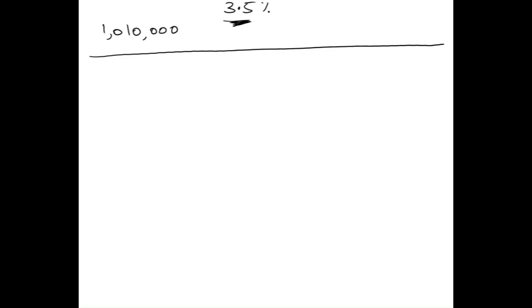So let's say a company wants to issue a $100,000 bond, and the interest rate the company wants to issue at, which is also called a coupon rate, is 4%.